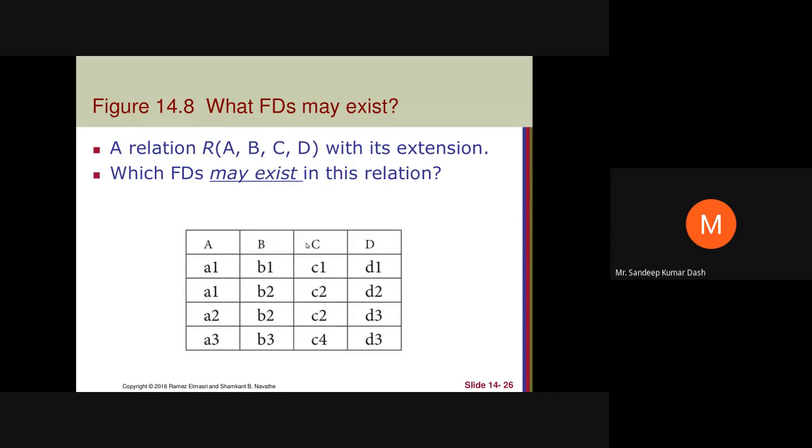So I can say that ABC determines D. For the time being, there is dependency among ABC and D. If suppose another row comes up which has A1, B1, C1, D4, then the functional dependency will not hold, because A1, B1, C1 was here. It said that the D value should be D1, but I am inserting D4 here. So again, it will not be valid.